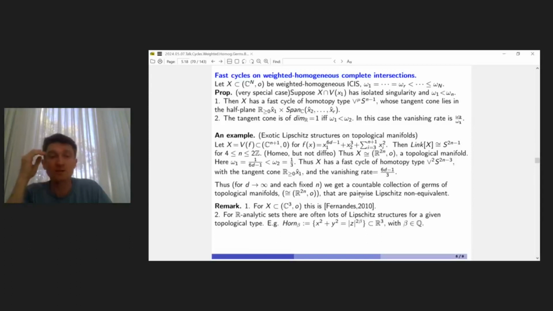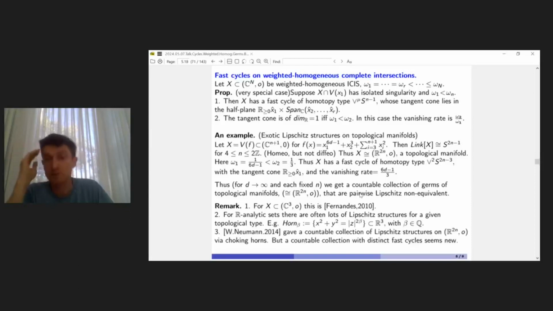But here we get exotic Lipschitz structures on complex analytic sets, which is maybe more interesting. Actually, it's also not new. Walter Neumann gave a countable collection of Lipschitz structures, but he used choking horns. And here one uses the fast cycle. So the countable collection with distinct fast cycles seems new.